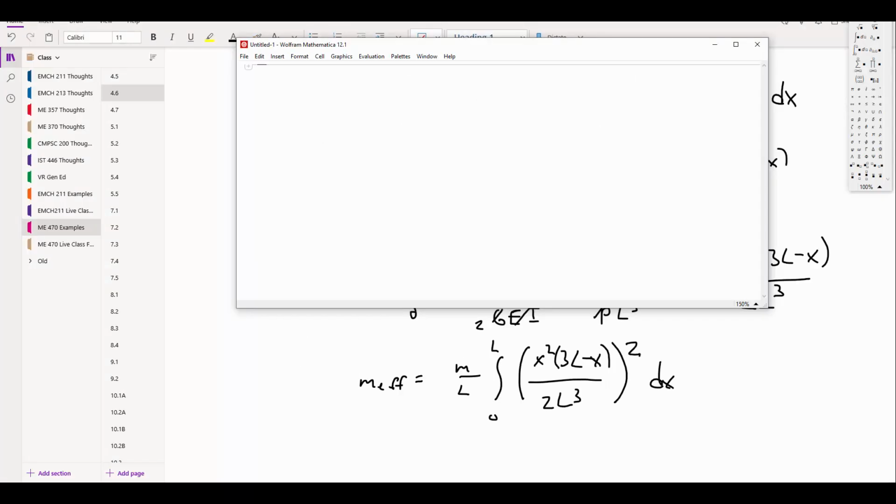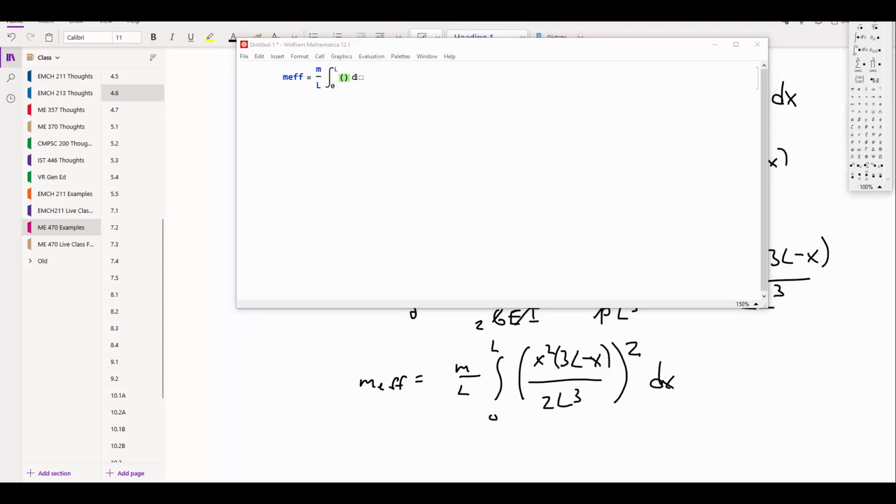So I'll say MEF is going to be m, that's the mass of the entire tail section, divided by the length of the tail section. And I need to do the integral from 0 to L, and I have to put in this whole fraction now, and then I'm going to square it.